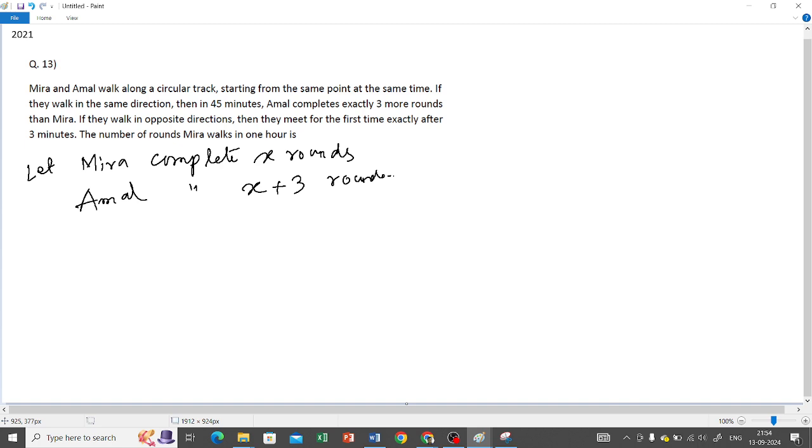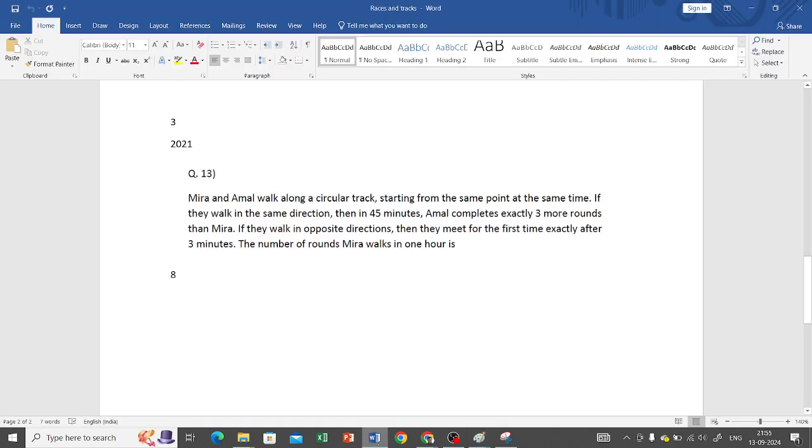Amal completes 3 more rounds, x plus 3 rounds. Now let the length of the track be L meters. L meters or kilometers? What is given? Okay, fine, L meters.